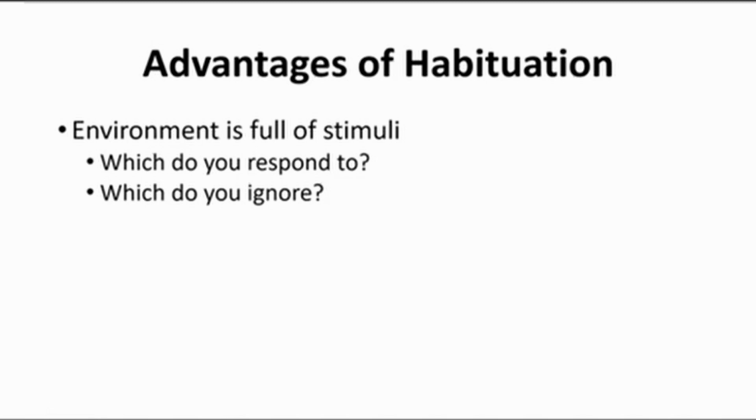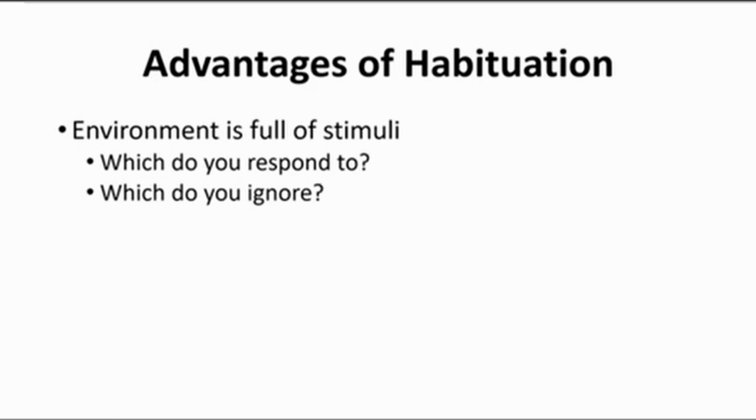They're both different ways of responding to the same stimuli. And the basic idea here is that there is an adaptive advantage to both sensitization and habituation. So the idea is that our environment is full of different stimuli, and some of them are important and some of them aren't. So how do we decide which ones we respond to and which ones we ignore?